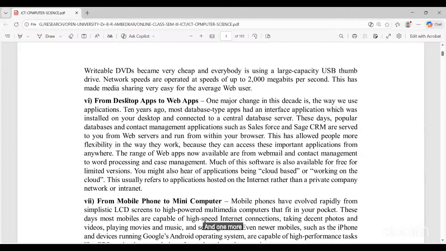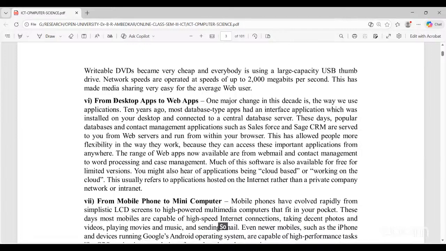One more important point here is desktop applications to web applications. There are some software that we can install in a particular computer, personalized to a particular person.